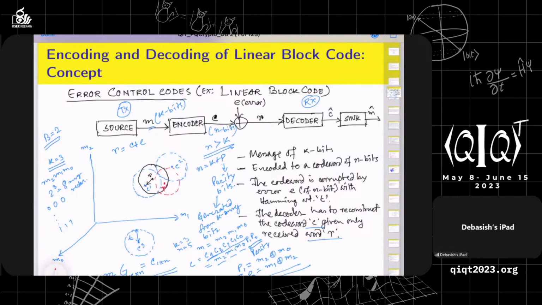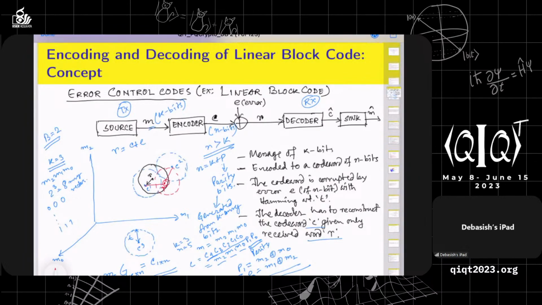Then what will happen? It may happen that it has a similar distance from these two circles. Then where should it be mapped? These are cases where, whatever code you design, this may happen. In some cases it may not be able to recover the received data, meaning it will not be able to reconstruct the code word from the received word. So a code is not capable of correcting arbitrary errors.